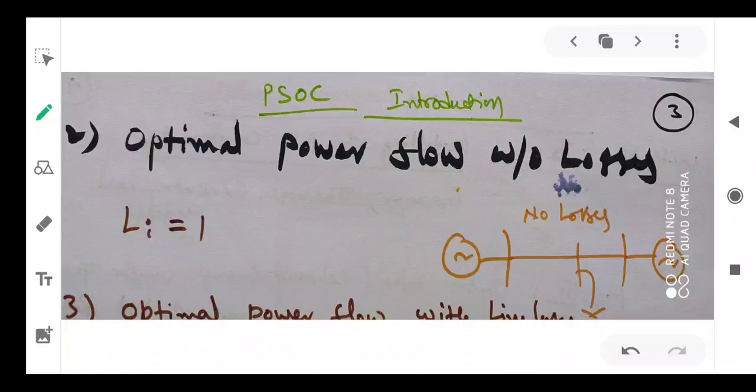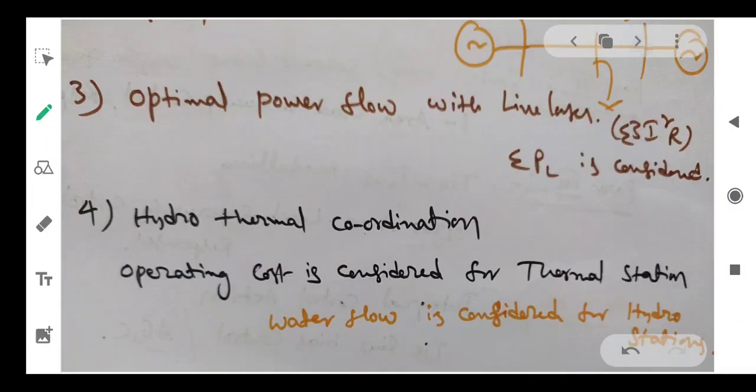Here generating plant 1, this is 2, both the generating plants are connected with the help of an interconnected system with transmission lines of no losses. Third point, optimal power flow with transmission line losses, in which the resistance of the line is considered.